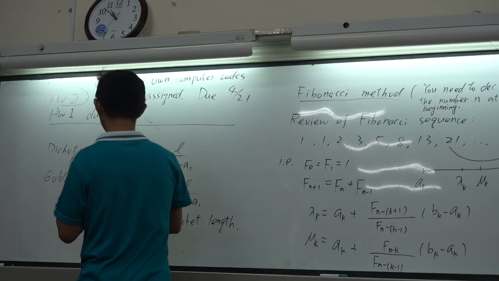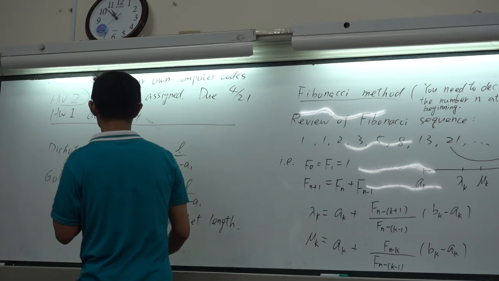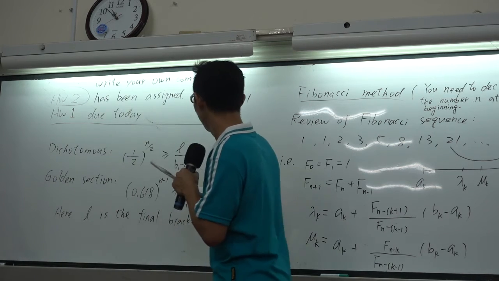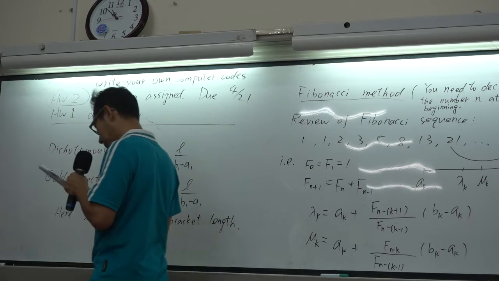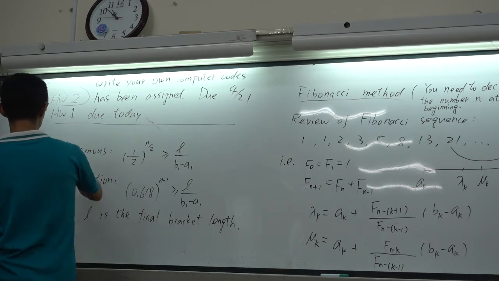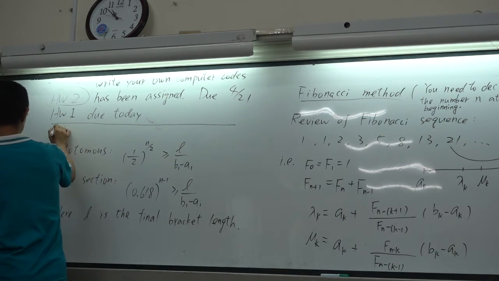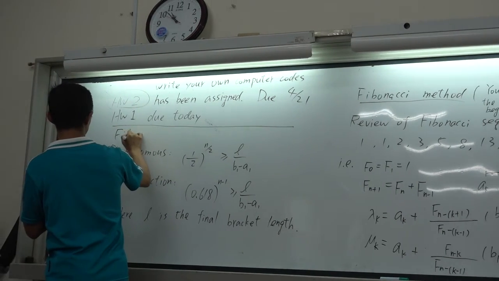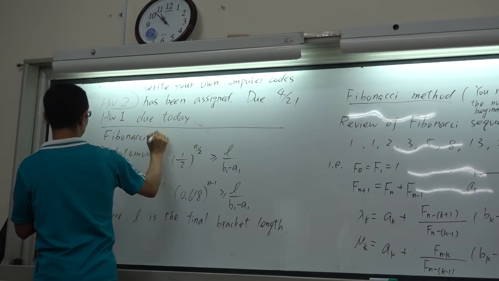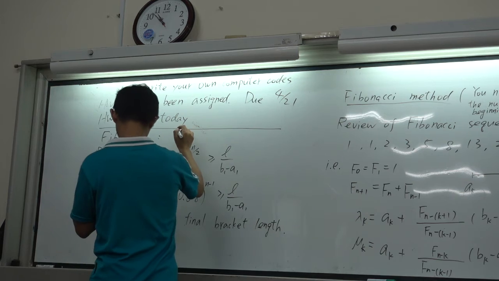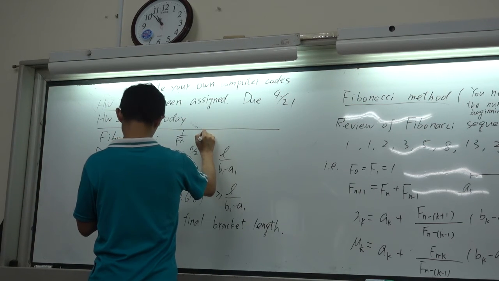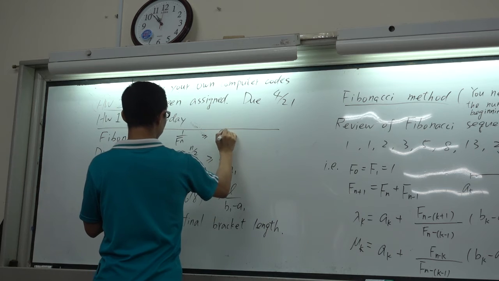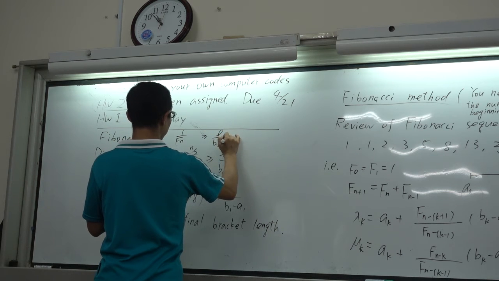And over here, let's also compare with the Fibonacci method. Okay. Yeah. Let me just write them over here. So for the Fibonacci method, we have this. It's 1 divided by Fn is greater than L divided by B1 minus A1.